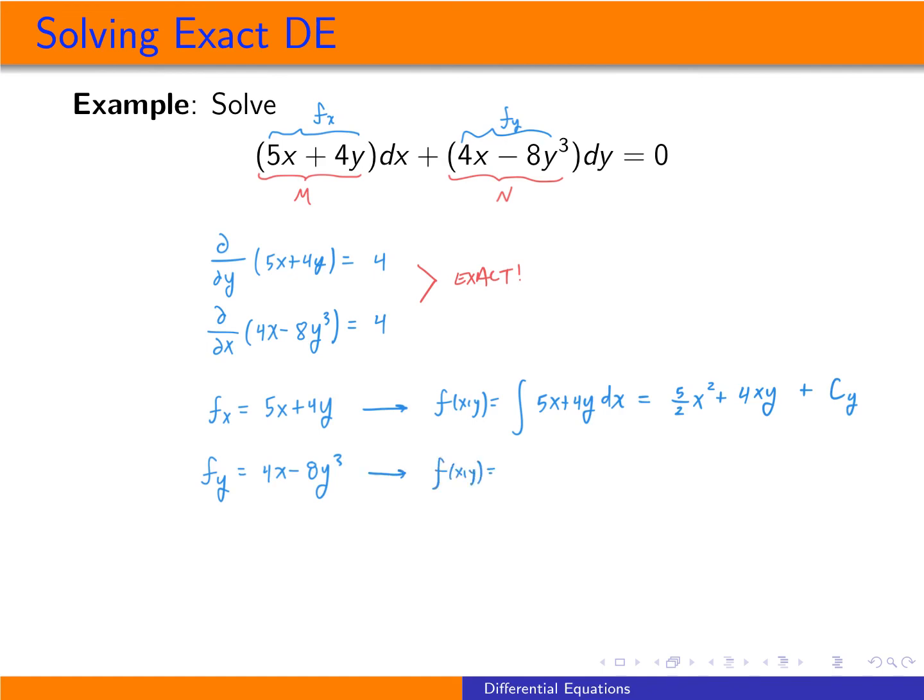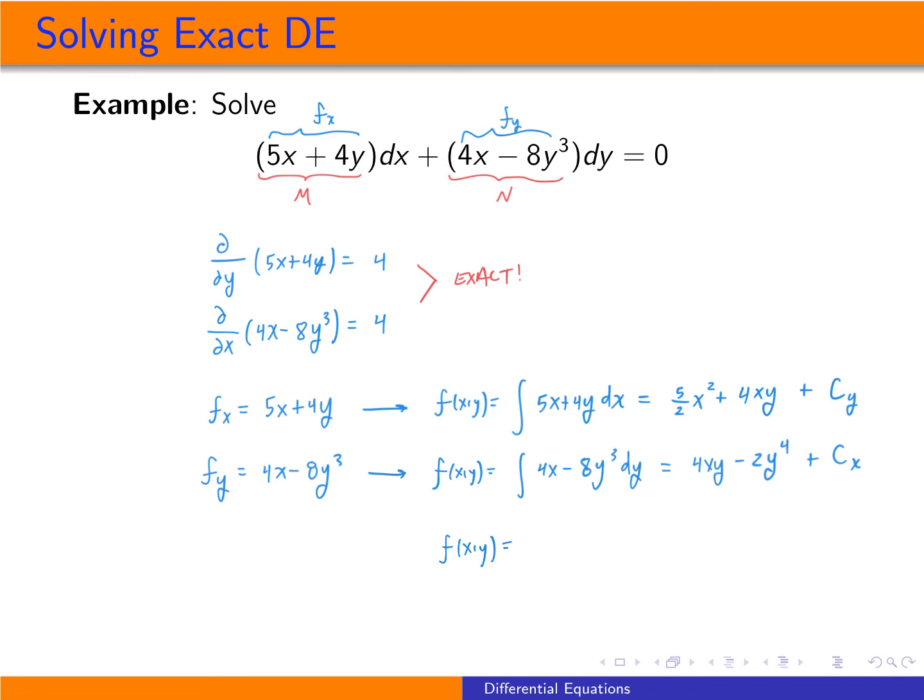Similarly, we have f is the antiderivative of 4x minus 8y cubed dy. So anti-differentiating with respect to y, we would have 4xy minus 8 over 4, so 2y to the fourth, plus now a constant that could potentially involve x's. And we would now like to match up those representations to find a single function f that will work.